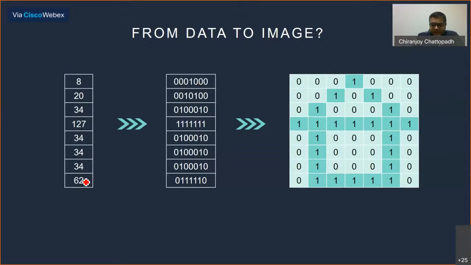Okay, so thanks for the question. You can think of these as intensity values. These are values which are stored. So 0 can be thought of as white, and 1 can be thought of as black, or whether the value is there or not.